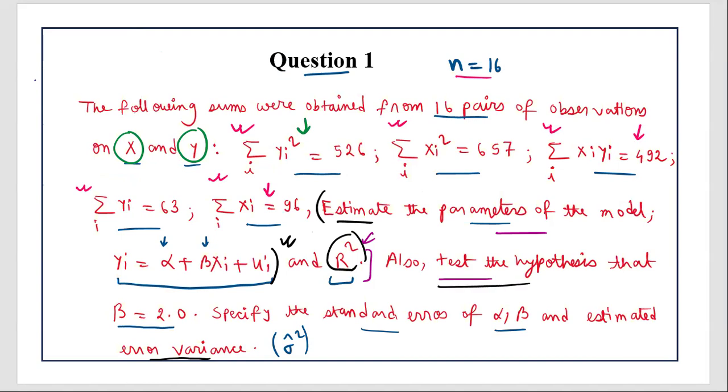So this portion is done. Test the null hypothesis that beta equals 2.0. This portion is done. Now the only thing left is to find the standard error of alpha and beta.